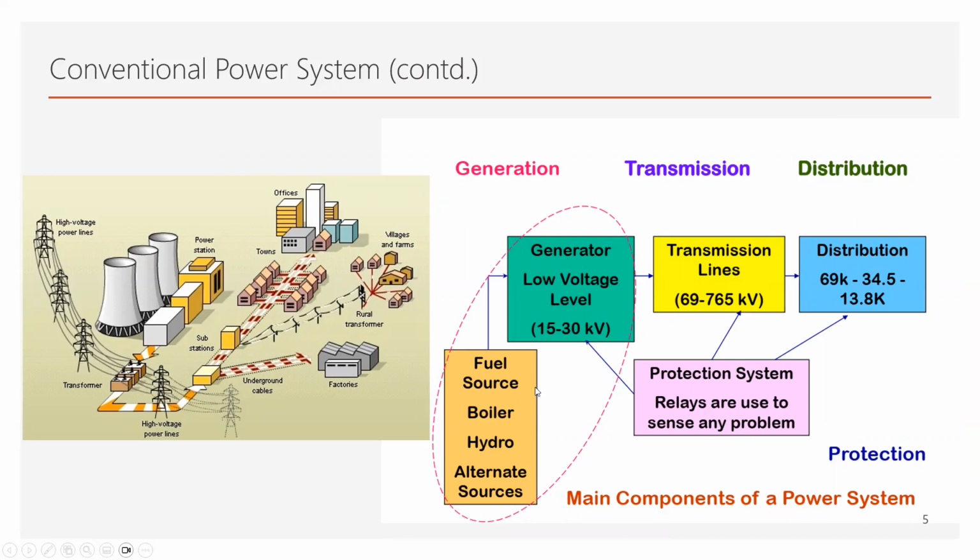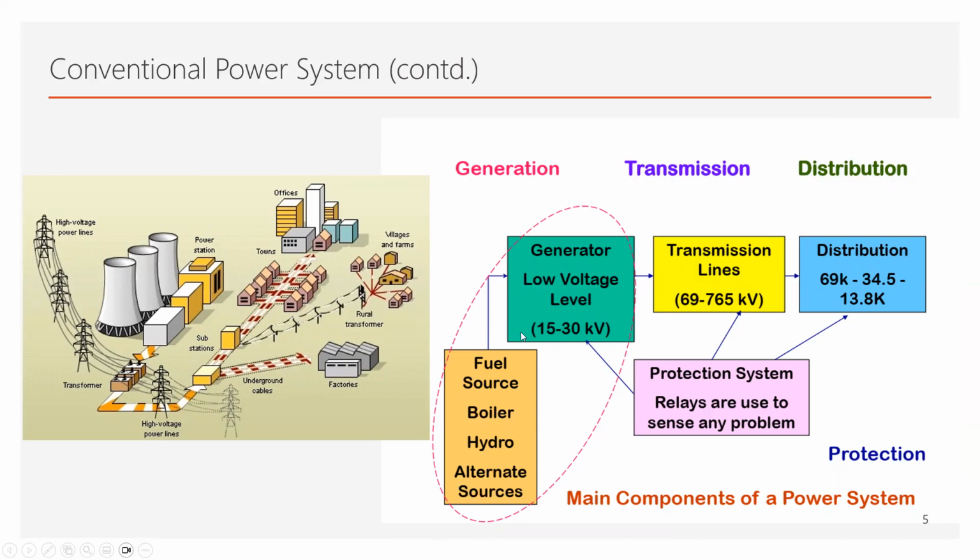If we look at the generation side, the conventional power system has different types of power plants, and those power plants' fuel sources could be coal, natural gas, or nuclear power. They use boiler, hydro, or alternate sources.